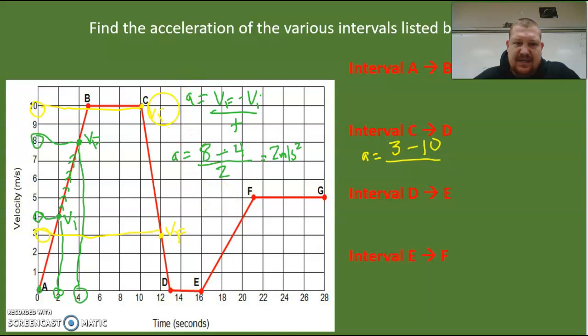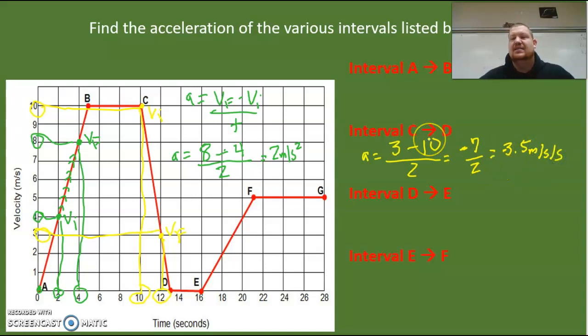For the time it took to get there, just go down: we got 10 and 12. From 10 to 12 is 2 seconds. This is going to be 7 divided by 2, well, negative 7, since 3 minus 10 is negative 7. So it's going to be negative 3.5 meters per second per second. This means that I'm slowing down.